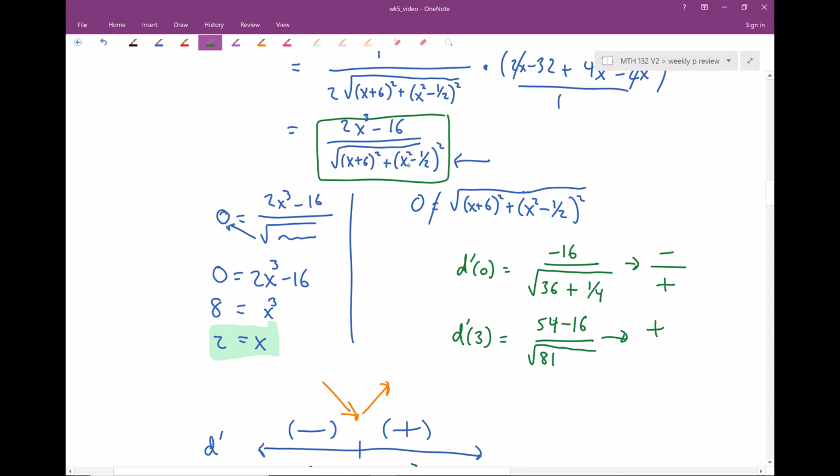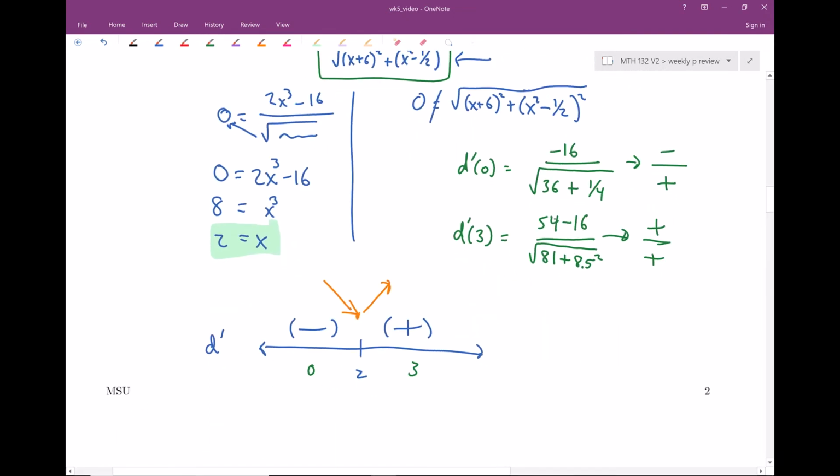And 3 squared would be 9 minus a half, so I'm going to do 8.5 squared. And again, we're just looking, is this positive or negative? These are test values. And so the denominator is also definitely positive. So positive divided by positive, that indeed gives me positive.